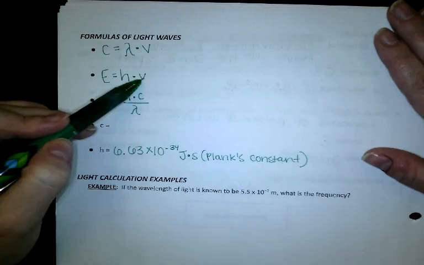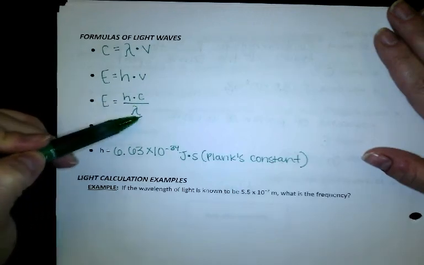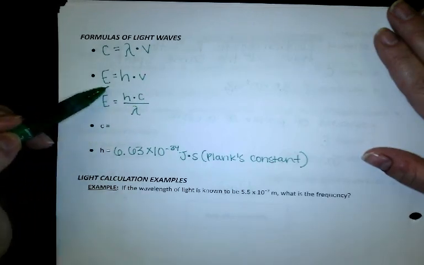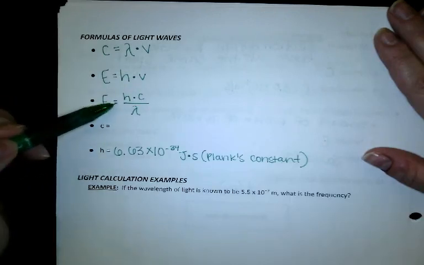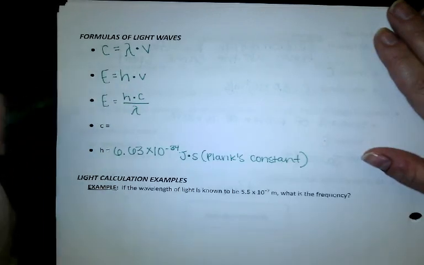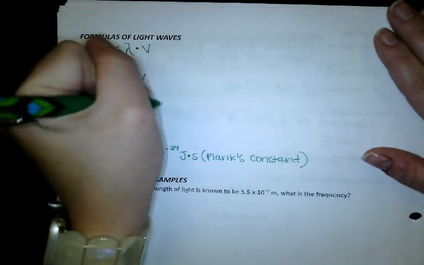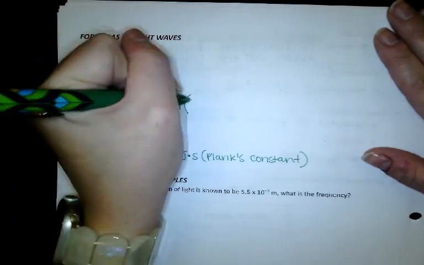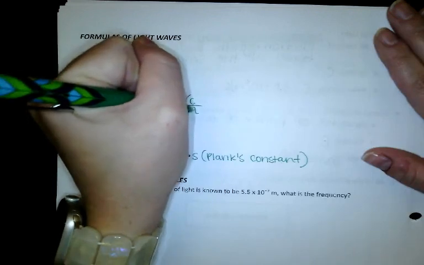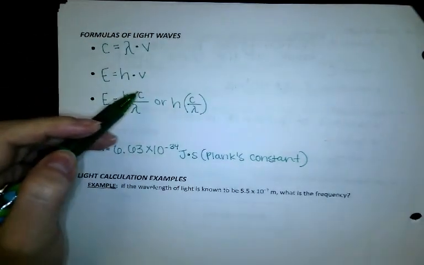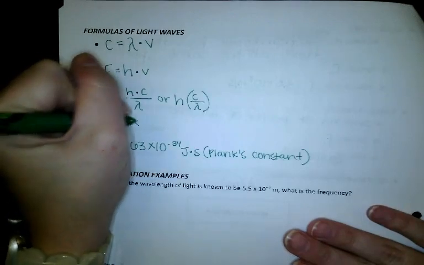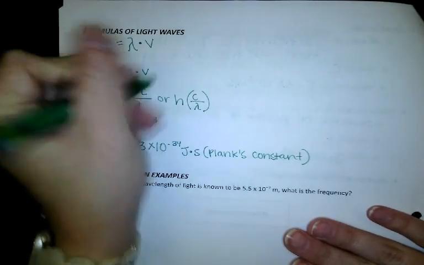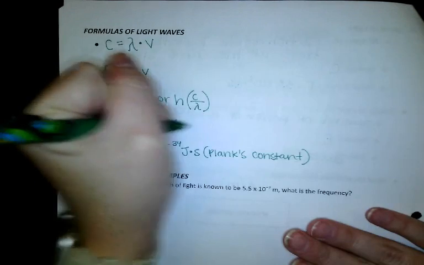And so if energy is equal to Planck's constant times frequency, then energy is equal to Planck's constant times the speed of light divided by wavelength. Again, the speed of light is 3 times 10 to the 8th meters per second.